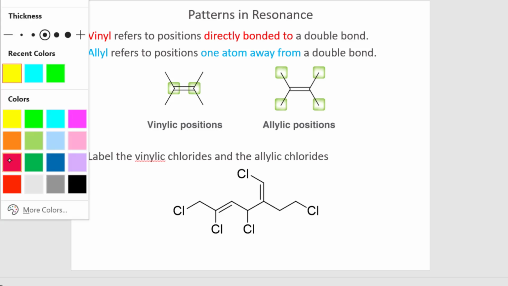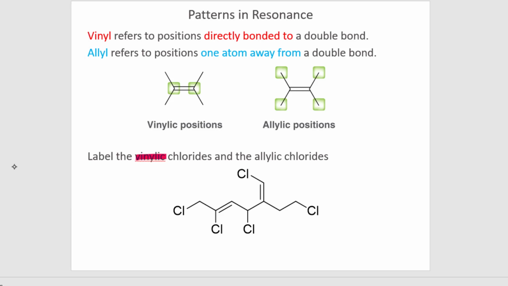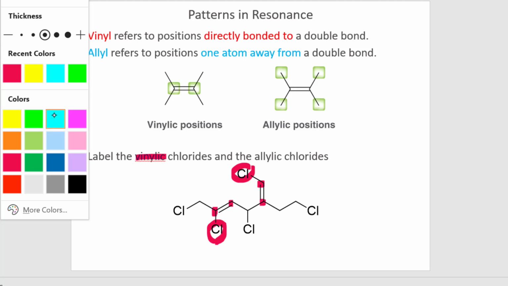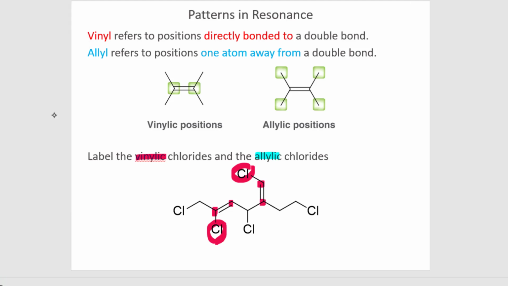So I could take my vinylic positions. I can find, these are all the vinylic positions. So that means that this chlorine is vinyl and this chlorine is vinyl. I can then look at the allylic positions.